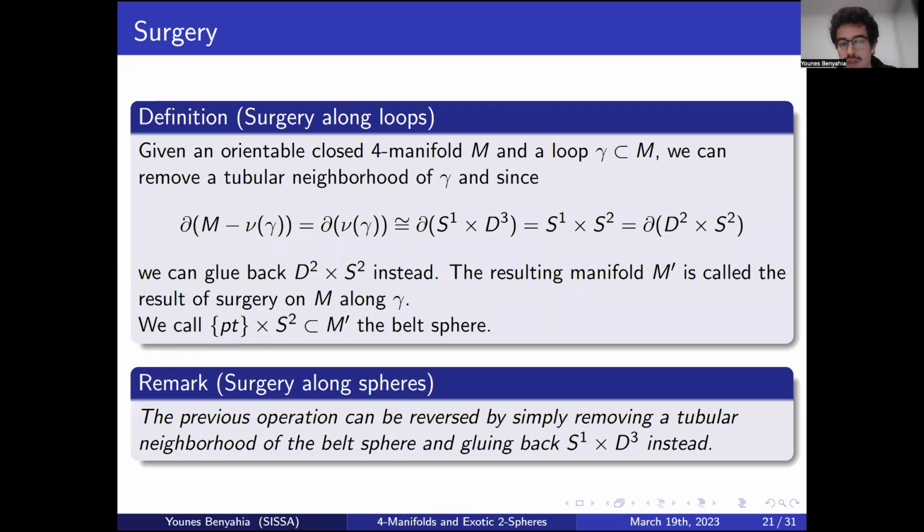If you remove this sphere and glue back an S^1 times D^3, you will get your previous manifold back, just by definition of the previous surgery. So this surgery operation is reversible. You don't lose a lot of information because you can always go back to your previous manifold. There's this belt sphere that holds that memory.